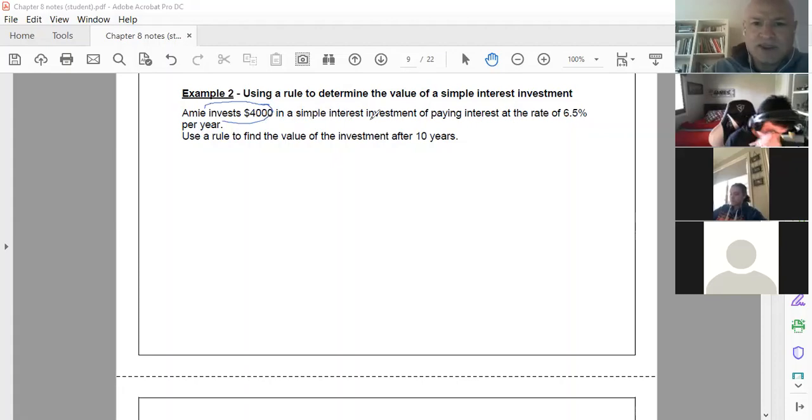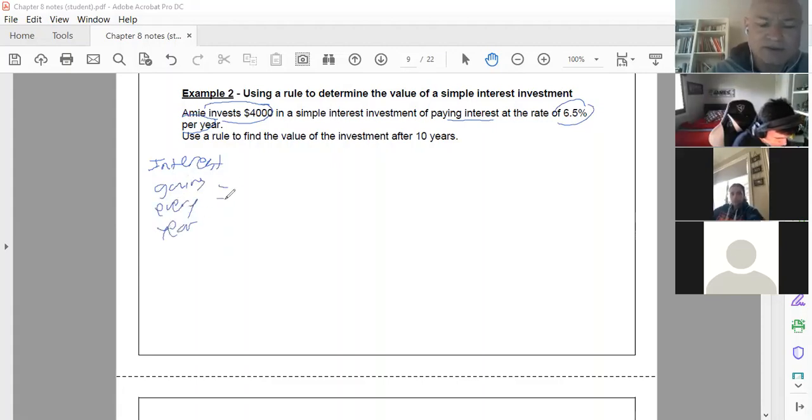Now, this investment is going to make her money. It's going to give her interest, 6.5% per year. So how much interest is that? So let's work this out. Interest that she gains every year equals 6.5% of the $4,000.